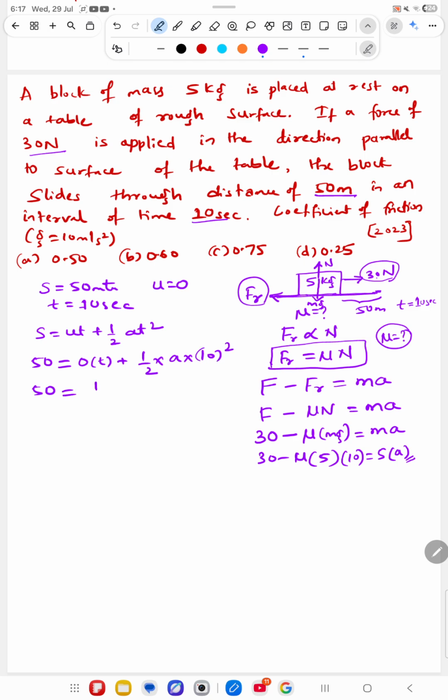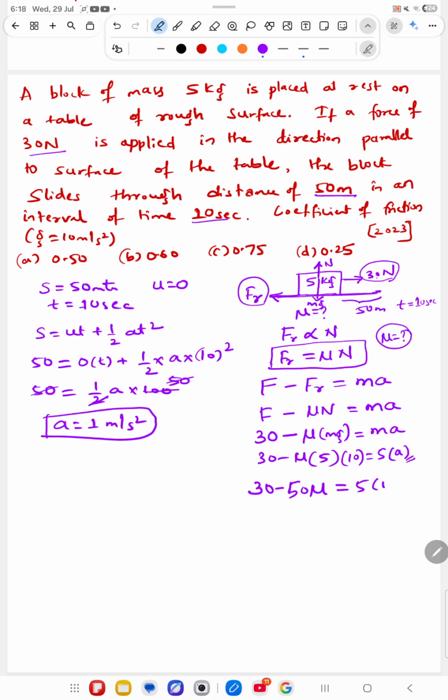So 50 equals 1 by 2 into a into 100, so this becomes 50 and the 50 cancels, so a is equal to 1 meter per second square. Now put this in the equation: 30 minus 50 mu is equal to 5 into 1.